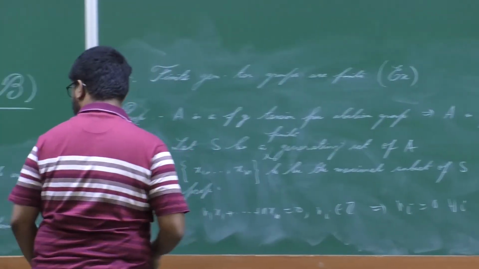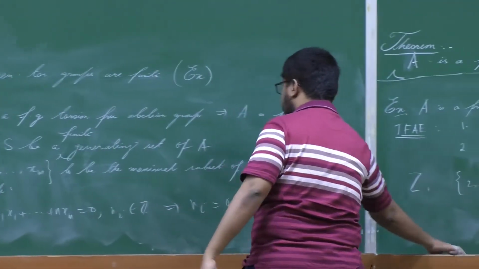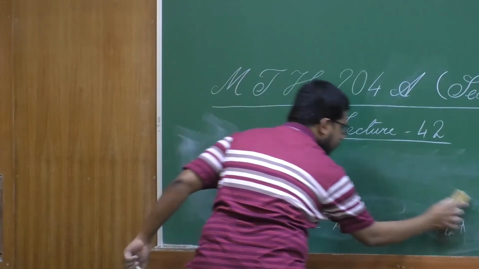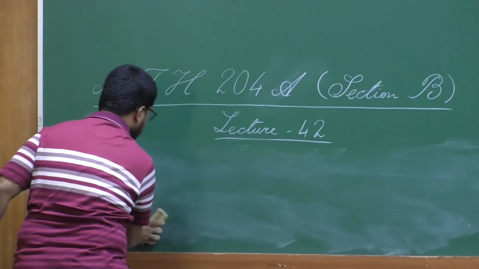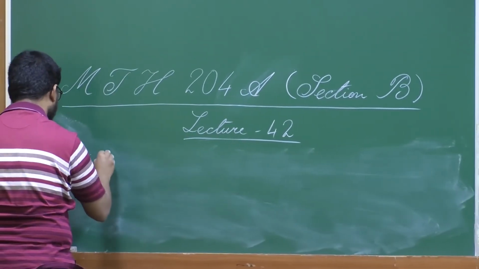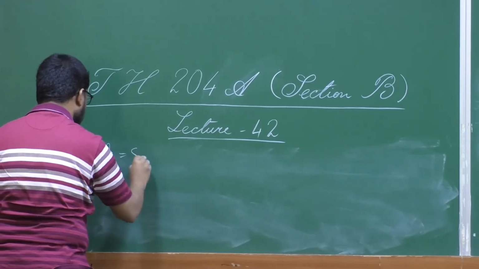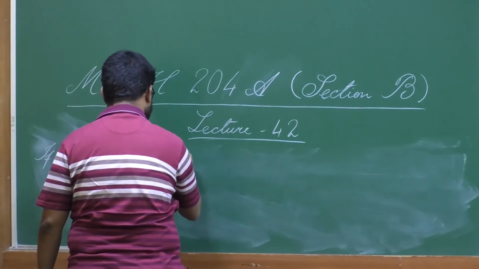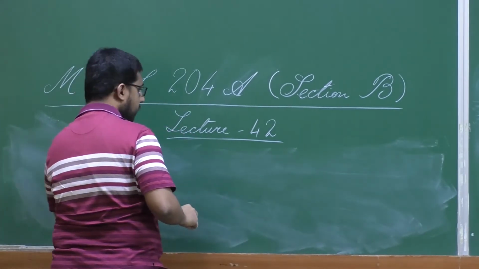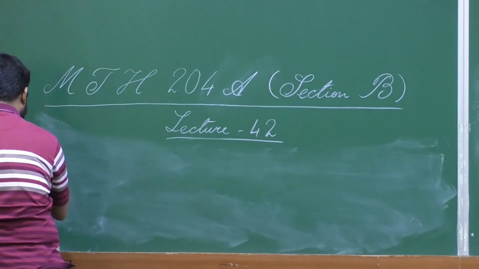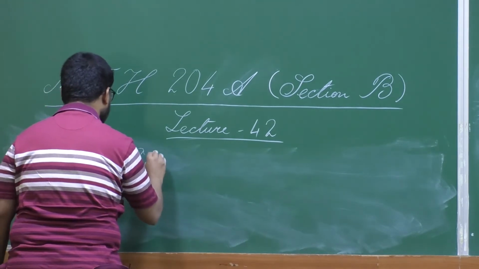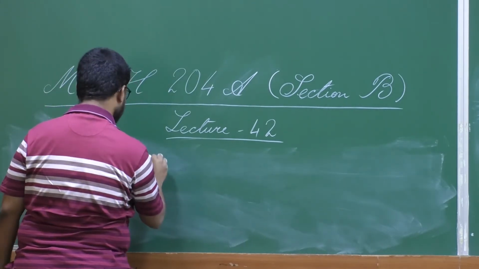The next step is very simple. This part I will go through quite fast. Let B be the subgroup generated by x1 up to xm.